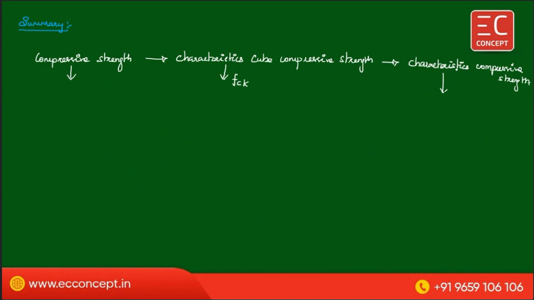It means the strength we take for a slab, beam, and so on. For design, we will consider 0.67 fck, that is, after reducing this fck by a factor of 1.5, we get 0.67 fck. So this is the summary, because the three terms may confuse you.